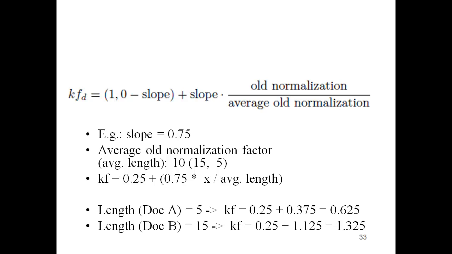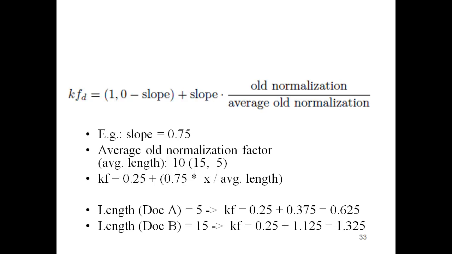One was 5 and the other was 15. Remember? Very simple example. So the shortest and the longest document. So the scope that we had to normalize was 10. Right? For 10 we did something. And this is the old normalization factor. Average, actually the average length is 10.